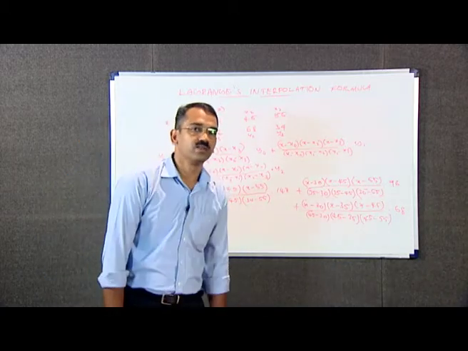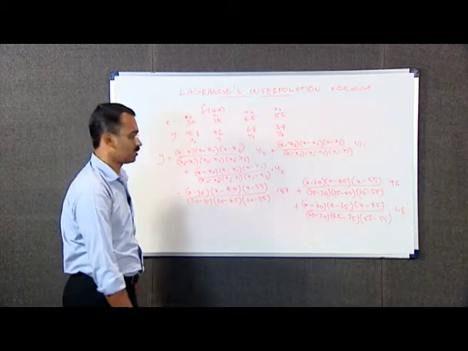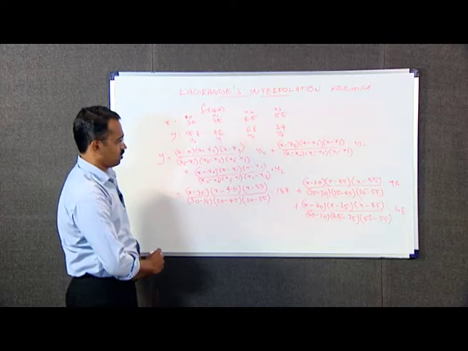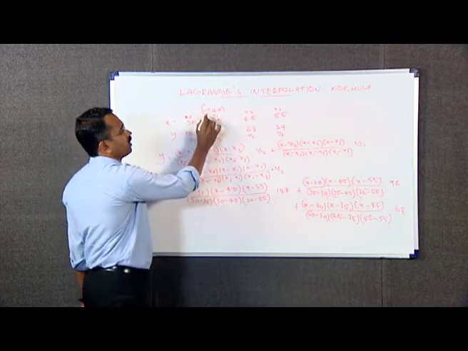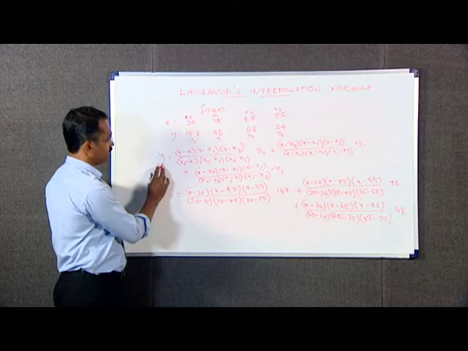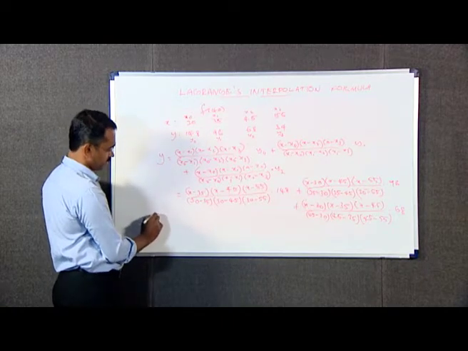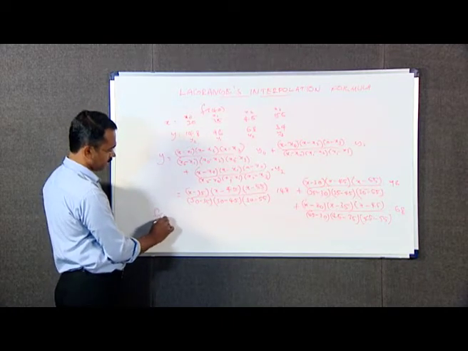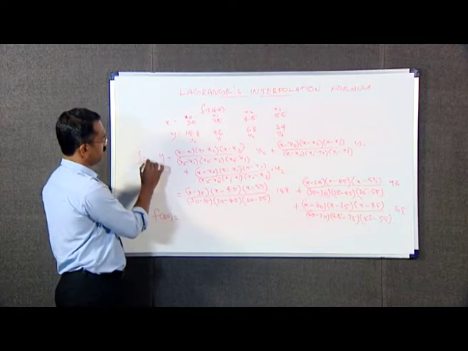On simplification, we will get as the required value is f of 40. We put x equal to 40 in this, we get f of 40 as y means f of x.